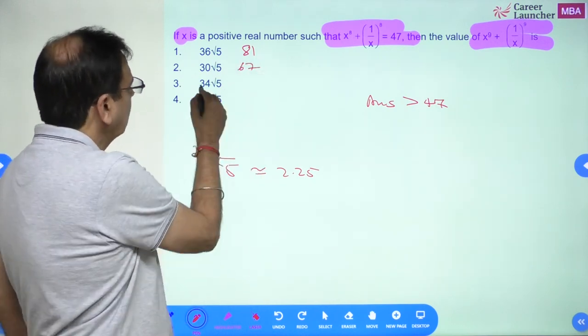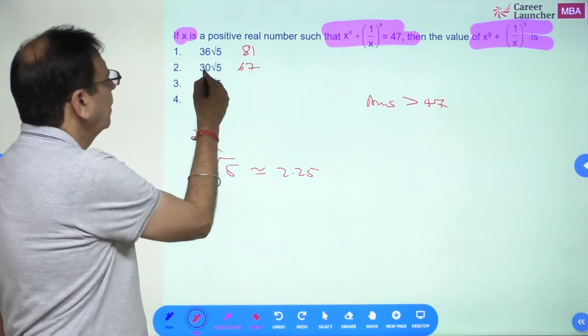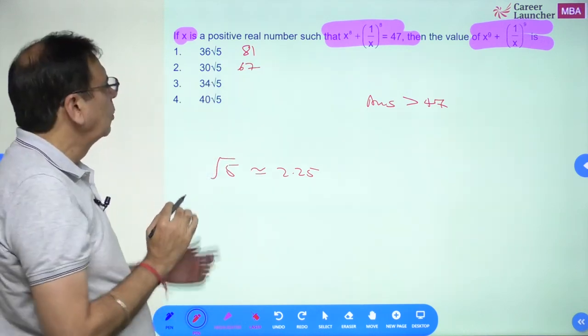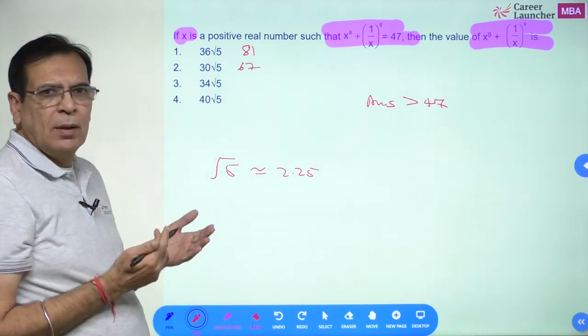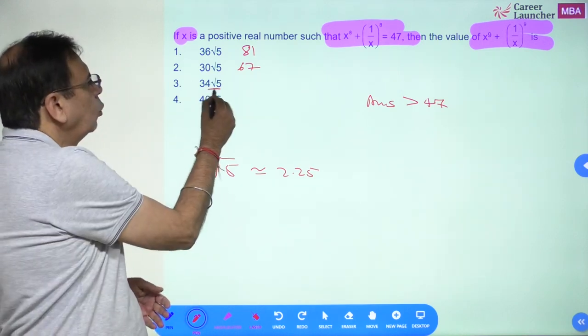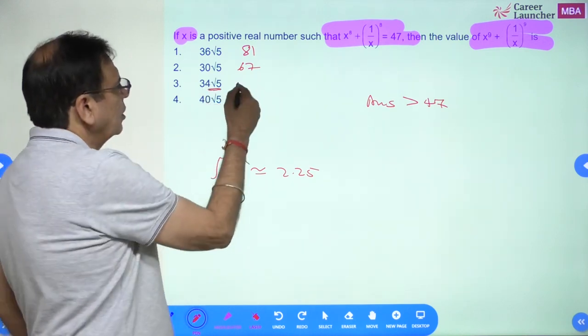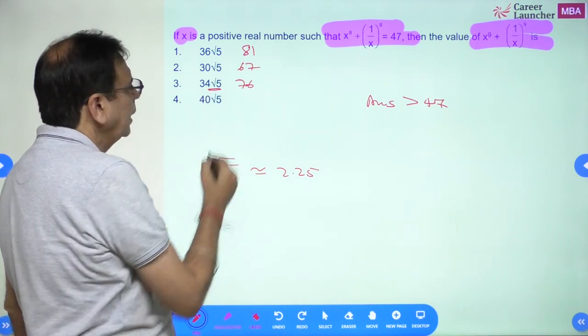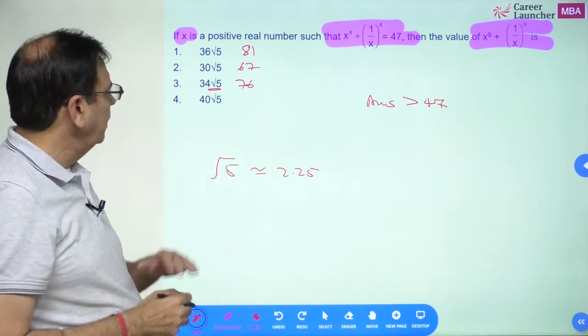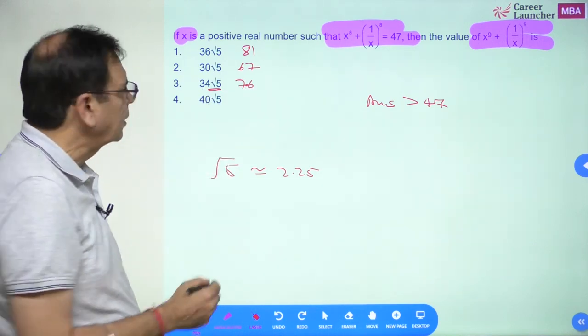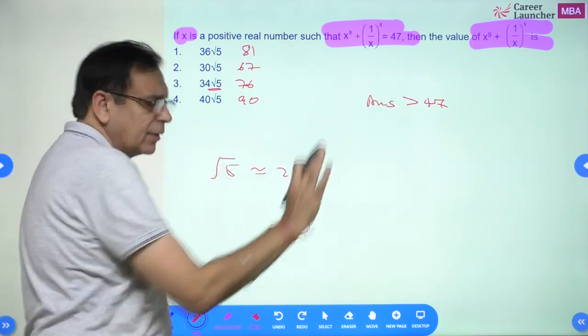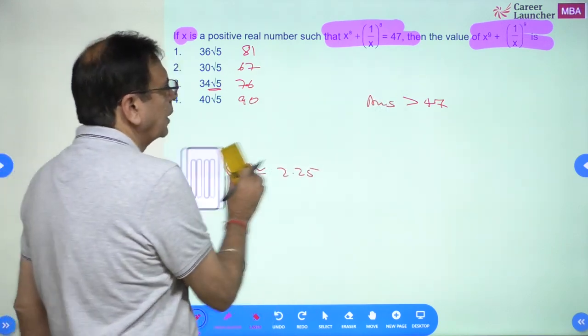So let's write 67. For 34 root 5, we have to add 4 root 5 to this. How much is 4 root 5? 2.25 into 4 will be 9. So 67 plus 9, 76. 40 root 5 will be 40 into 2.25, 80 plus 10, 90. Obviously this will not work, all choices are greater than 47.